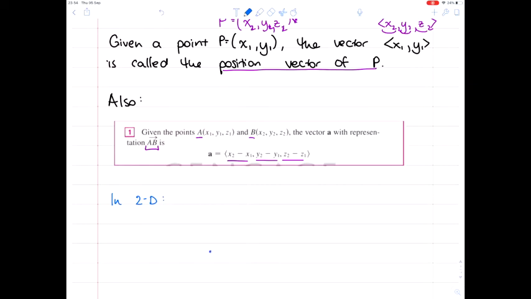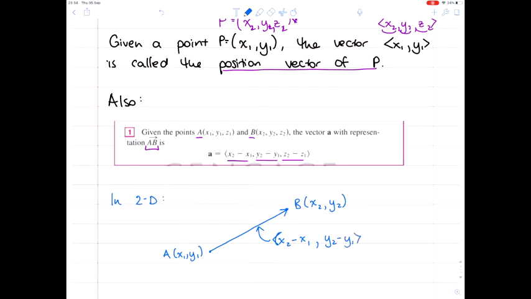If we have our 2 points, A is the point x1, y1, and B is the point x2, y2, then the vector AB is given by [x2 minus x1, y2 minus y1].